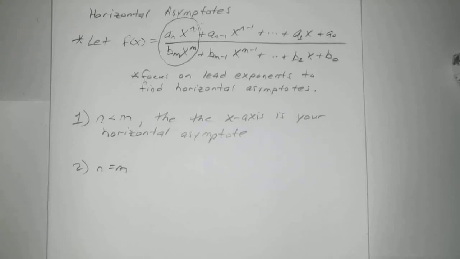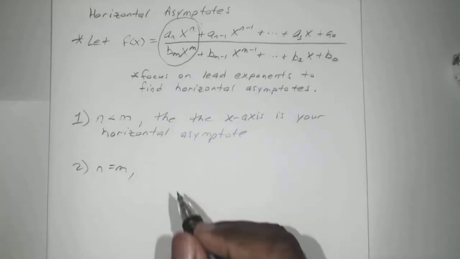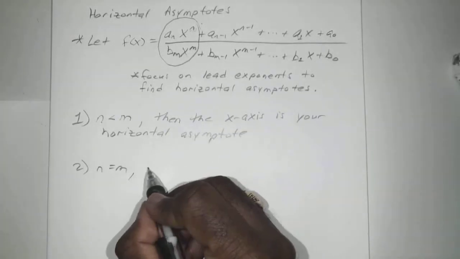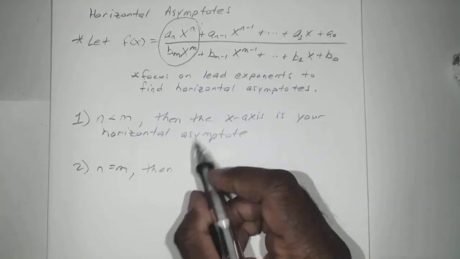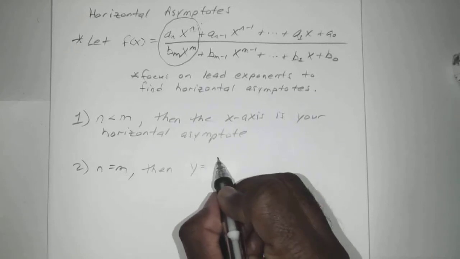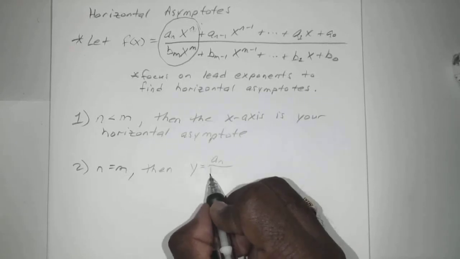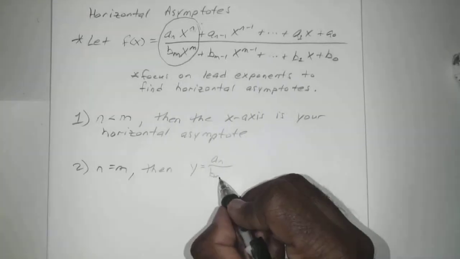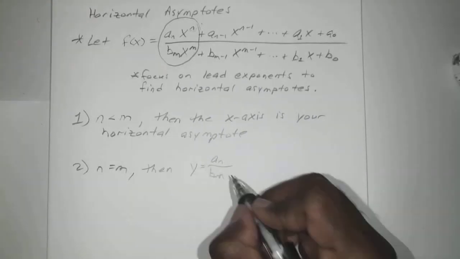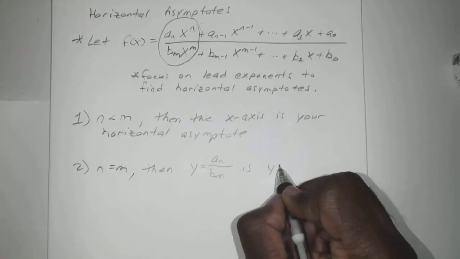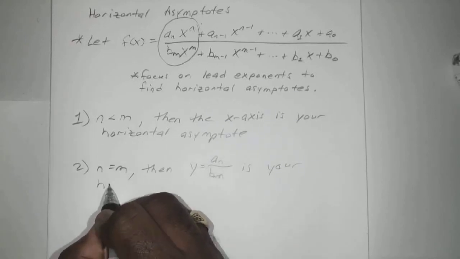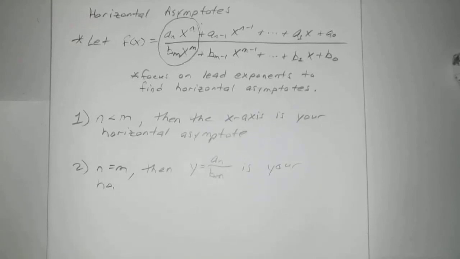So it's just going to be a horizontal line. I'll give you an example of each one so you see how it looks.